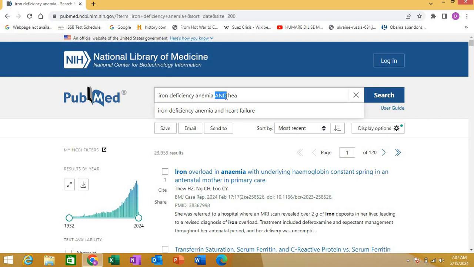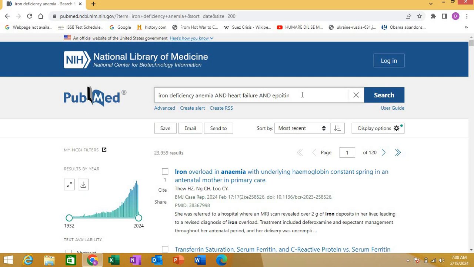It separates two different keywords like this: iron deficiency anemia and heart failure. These are two different keywords, so we will separate them with AND, and then I will use AND for a third term, that was epoetin. So here you can see I have used AND to separate one keyword from another.